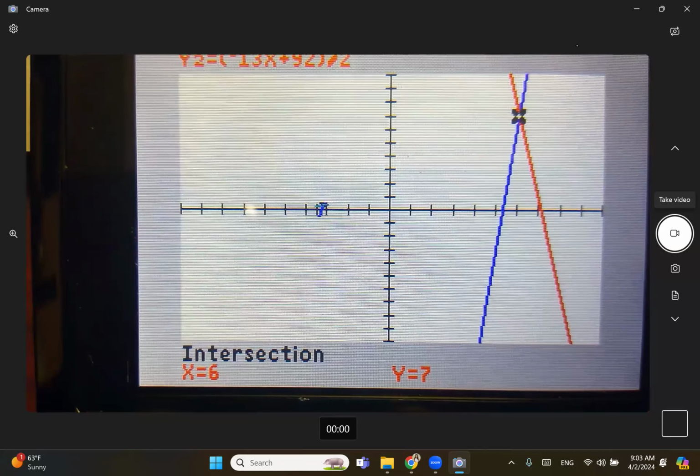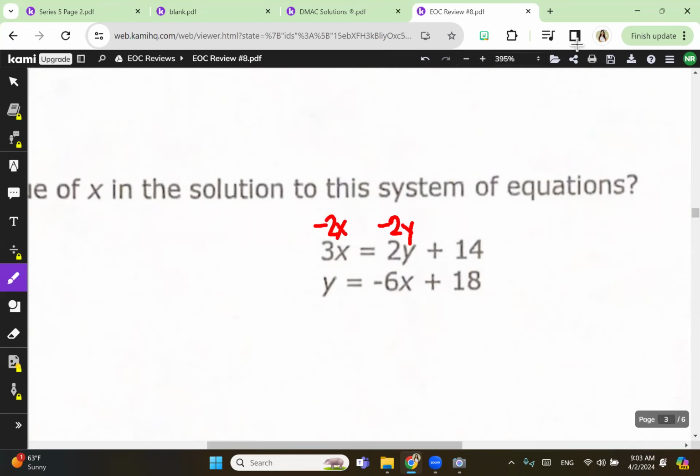Okay. This one probably would be easier just to change them both back to standard form. So how do I change the top equation to standard form? What do I do with the 2y? Subtract it? Not 2x, 2y.